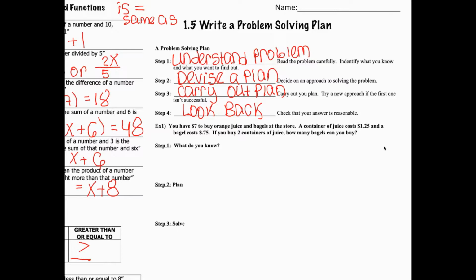So we just need to write down what we know. So we have $7. OJ is $1.25. We also know a bagel is 75 cents. And you bought 2 containers of OJ.